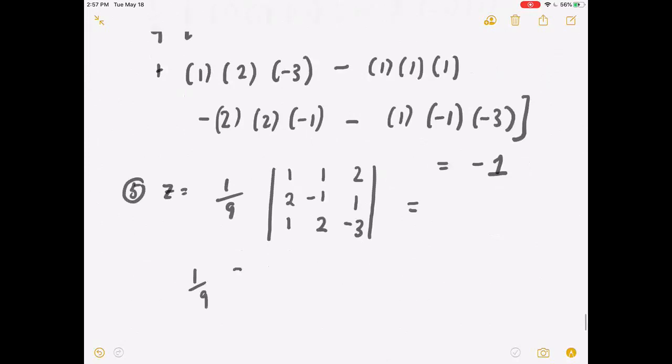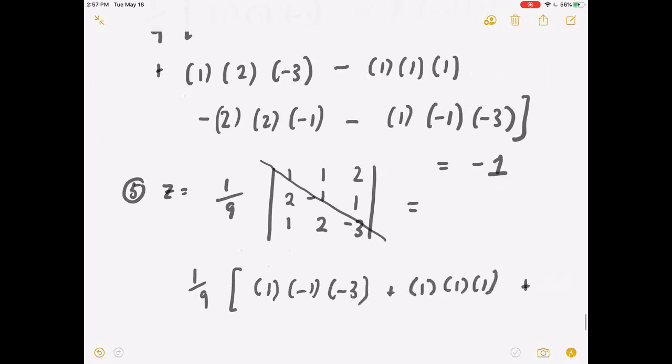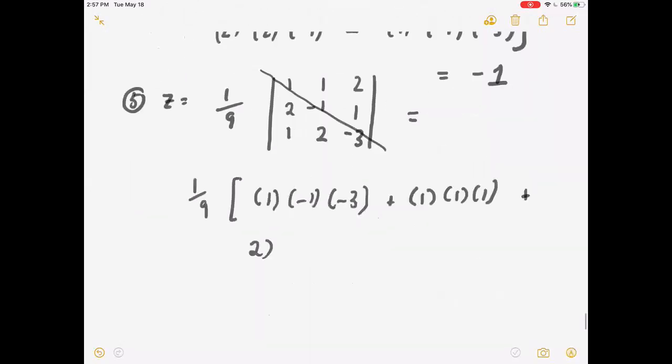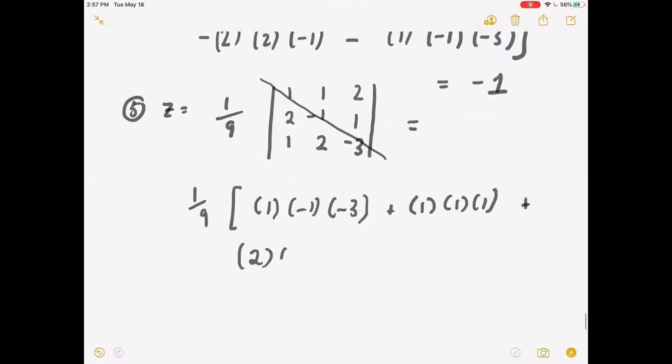So what is it? Again, our high school rule tells us you have 1 times -1 times -3 plus 1 times 1 times 1 plus 2 times 2 times 2 minus 2 times -1 times 1.